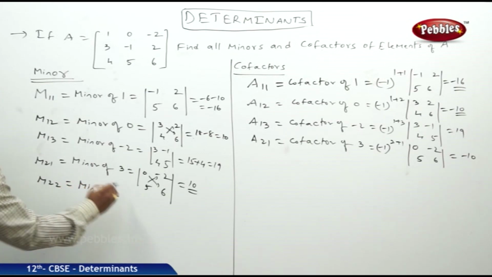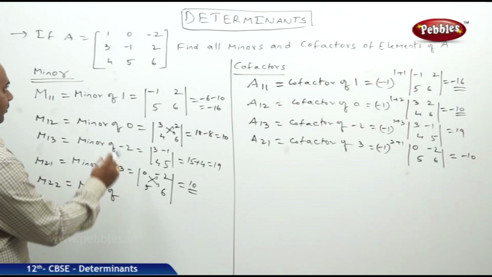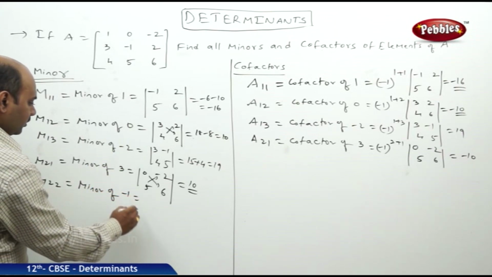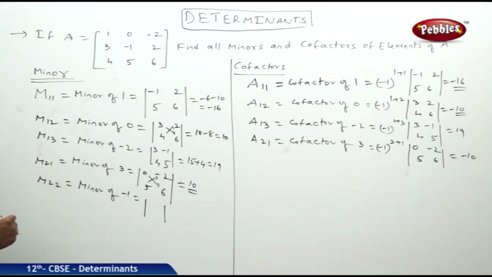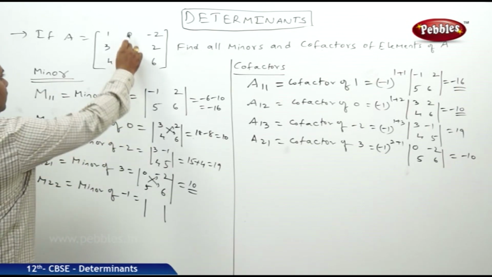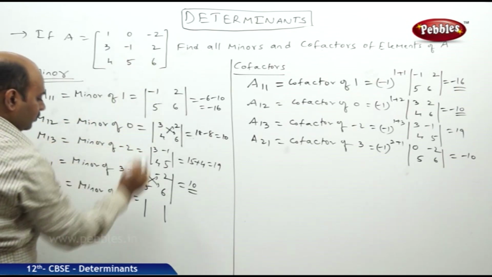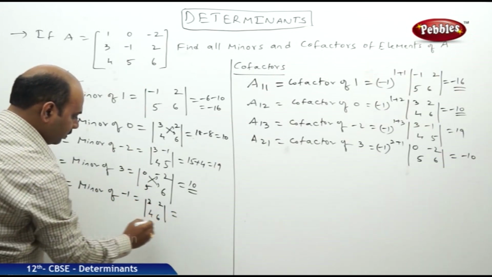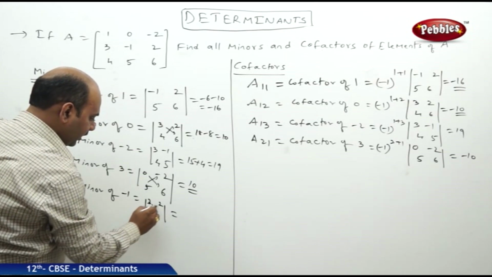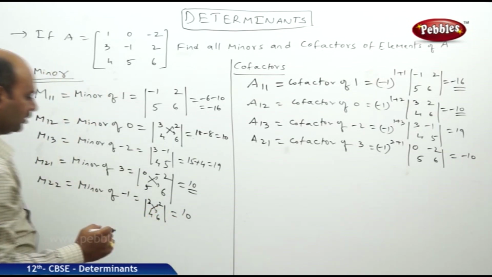means minor of minus 1, that is equal to determinant obtained by deleting the corresponding row and corresponding column. So finally remains 3, 2, 4, 6. 3, 2, 4, 6 means 18 minus 8. It becomes 10.